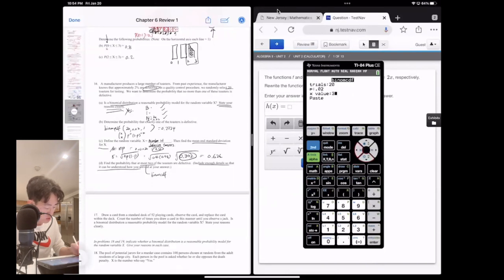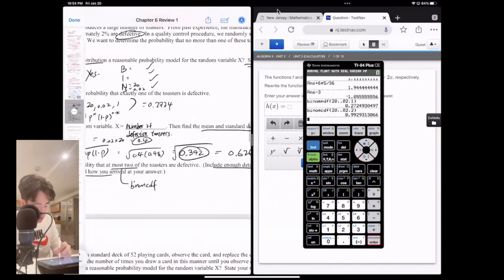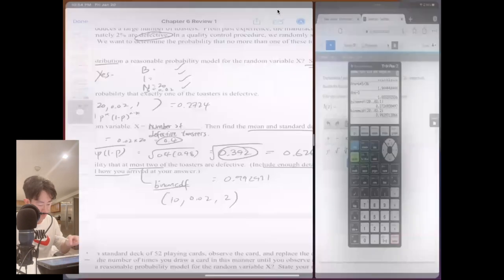At most 2 means 2. So the chance of that happening is 99%. Binomial CDF with number of trials, chance of defectiveness, as well as the number that you're going up to. And the answer should be 99.29%.